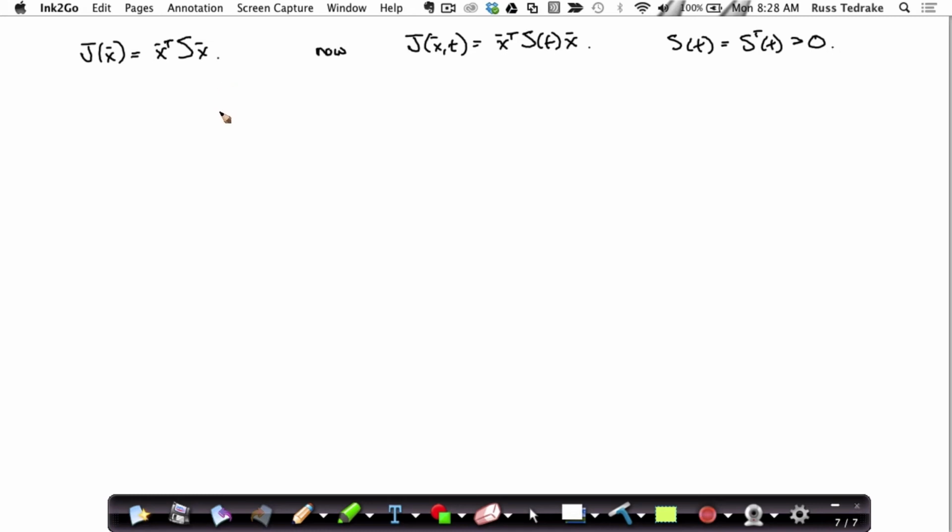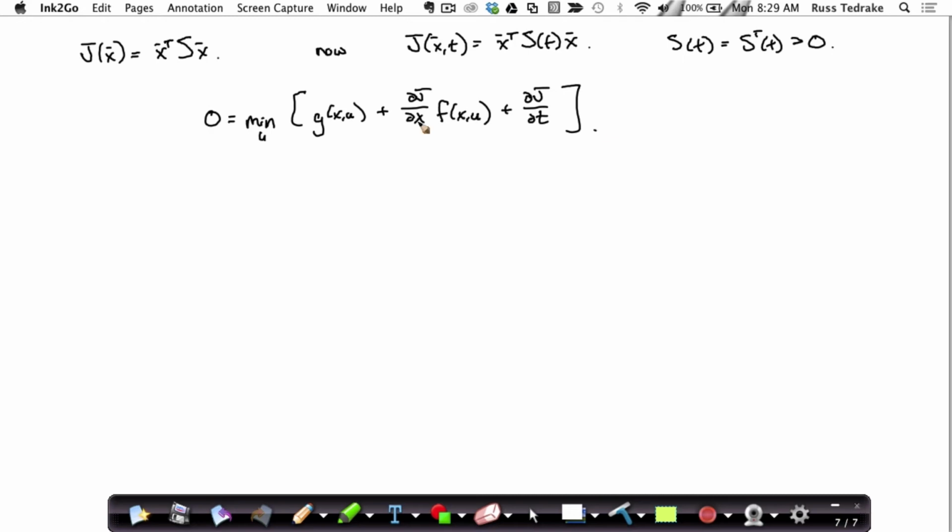Now if we write the Hamilton-Jacobi-Bellman equation with this, we write 0 equals min over u of g of x, u, plus partial J partial x, f of x, u. Now for a time varying cost to go, there's one more term we have to capture in our HJB, like this.